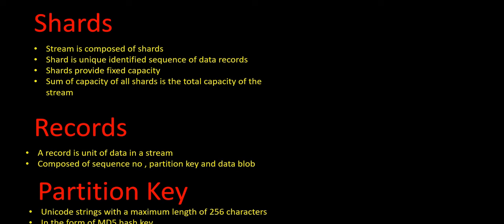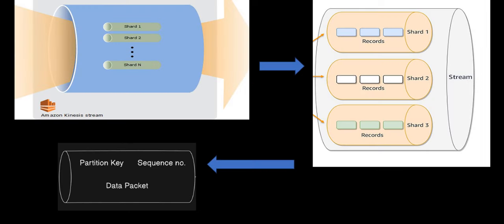Let me show you the diagram. So now you can see that this is the stream. There are multiple shards, shard 1, shard 2, and n number of shards are possible, and in each shard there are records 1, 2, 3.